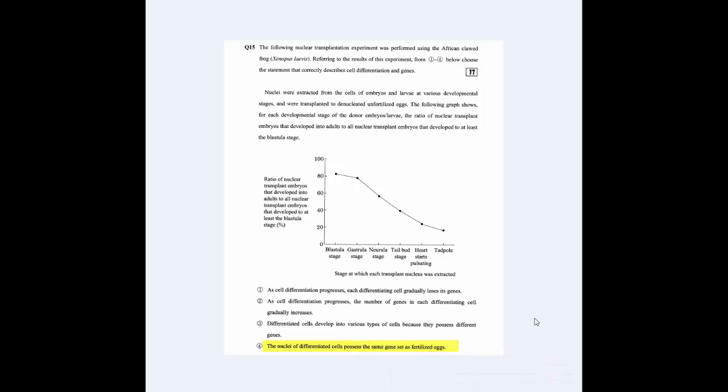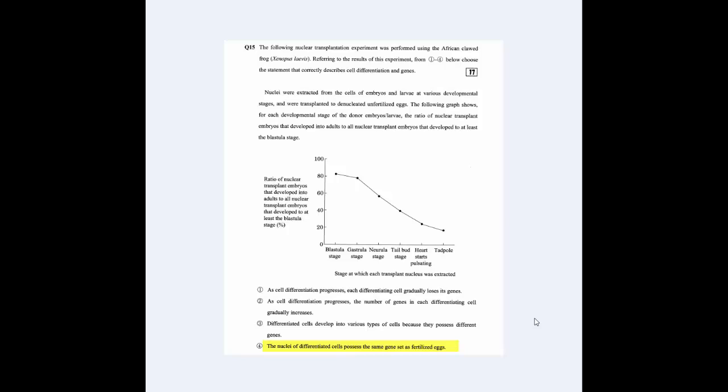The following nuclear transplantation experiment was performed using the African clawed frog, Xenopus laevis. Referring to the results of the experiment, 1 to 4 below, choose the statement that correctly describes cell differentiation and genes. Nuclei were extracted from the cells of embryos at various different developmental stages and were transplanted into enucleated unfertilized eggs.